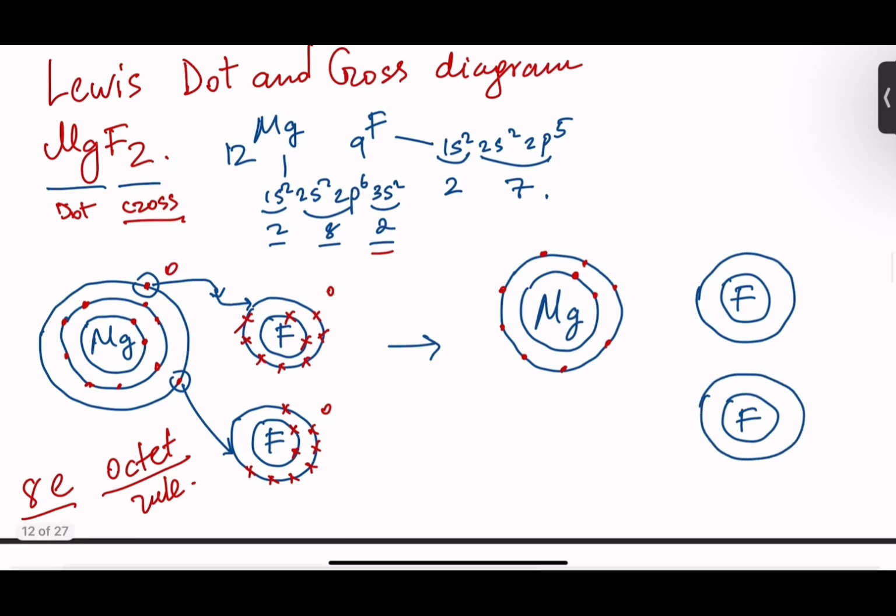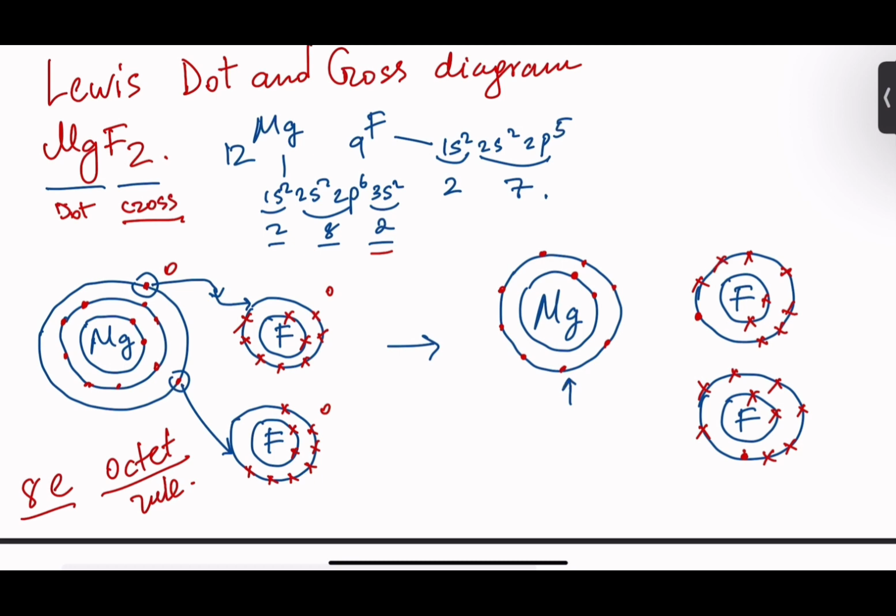Now I have crosses 1, 2, and then 1, 2, 3, 4, 5, 6, and 7, but the last one is going to be a dot because it came from magnesium. The same thing on the other fluorine. So now if you count, we have 8 electrons here, 8 electrons here, and 8 electrons here.